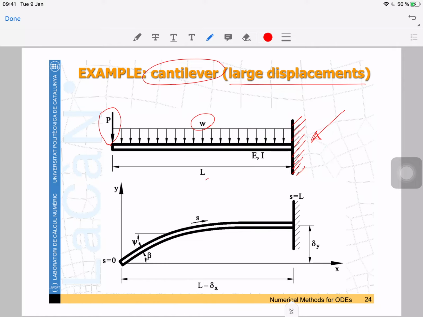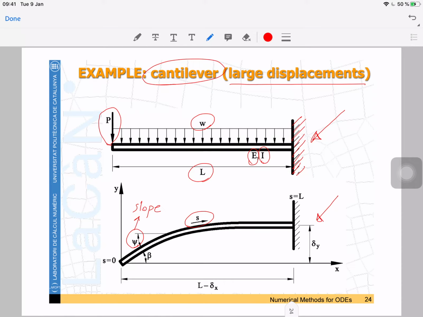The beam has a length L with material properties of Young modulus E and second moment of inertia I. As a result of this condition and the load that we apply, the beam shows this large displacement, represented by psi, which is the slope or the angle of the deformation, and s is the distance along the beam.